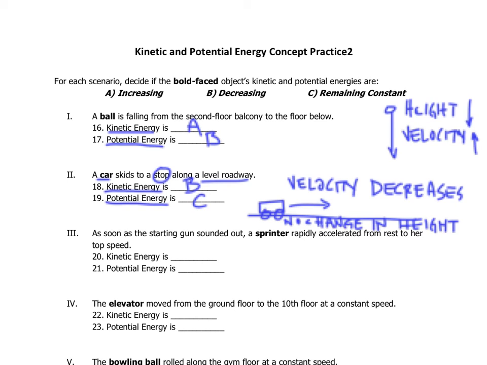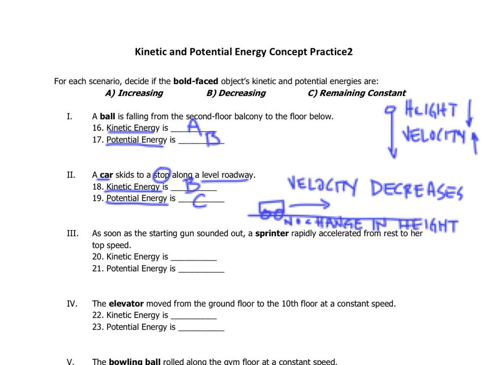So what I'd like you to do is when you finish page 5, come back to page 6 and ask yourself these types of questions, okay? Is the height changing? If the height is changing, then the potential energy is changing. Is the velocity changing? Is it speeding up or slowing down? If it's doing one of those things, then that means that the kinetic energy is also changing. If the height doesn't change, then there's no change in potential energy. If the velocity doesn't change, then there's no change in kinetic energy.